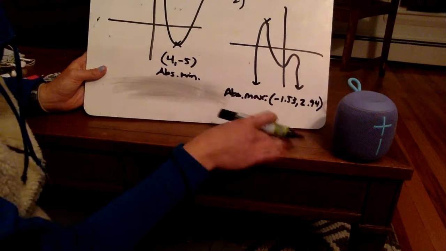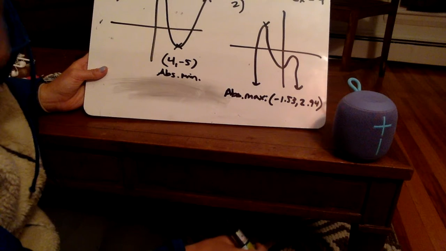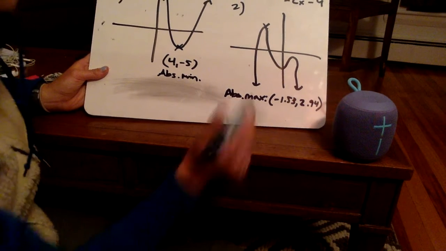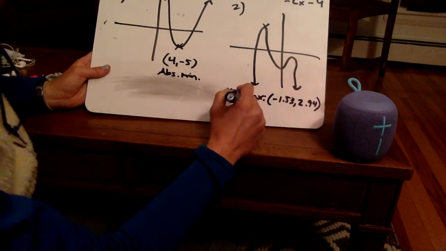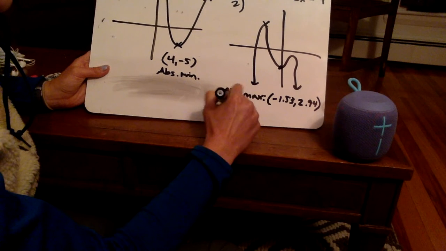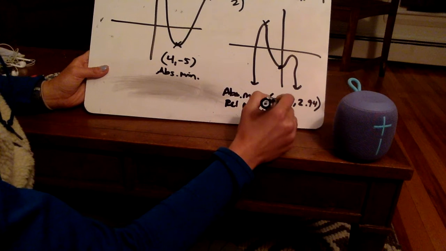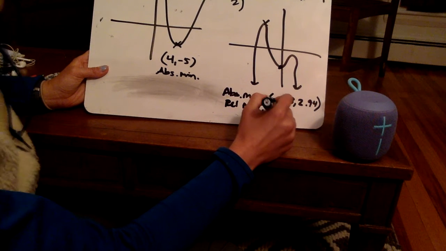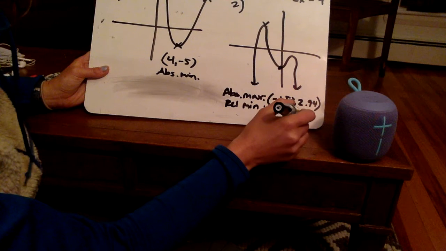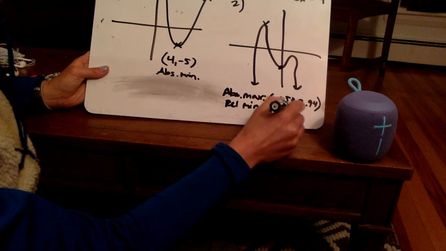So I'd take negative 1.5 and 3 if that's what you guys looked at. Then I have a relative min at point, it looks like 0, 0 on the graph as well. So I would accept that.